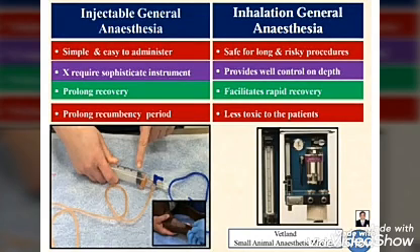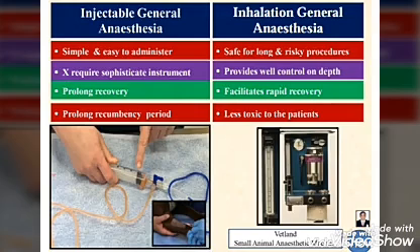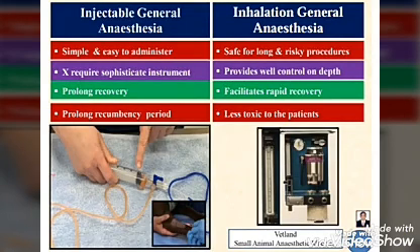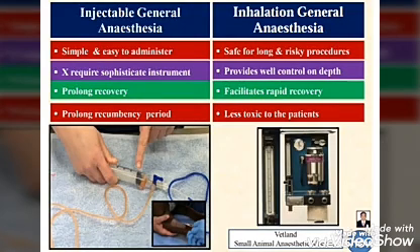At my level, the solution to these problems is that induction of anesthesia is carried out by a single bolus dose of intravenous anesthesia using short-acting injectable anesthetic drugs like thiopentone, propofol, or whatever is available in your region, and subsequently maintained either by continuous rate infusion, as a form of CRI, or through inhalation anesthesia in small animal practice.